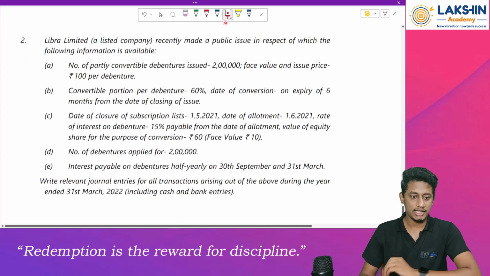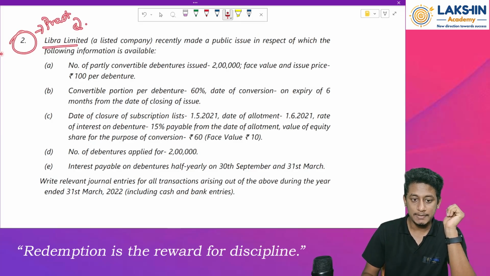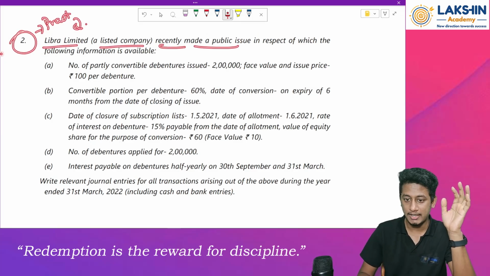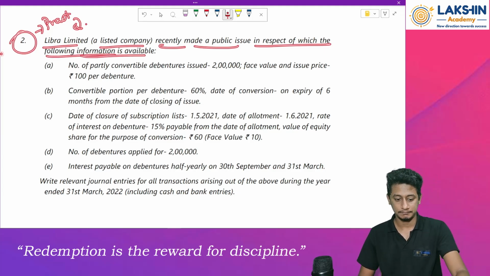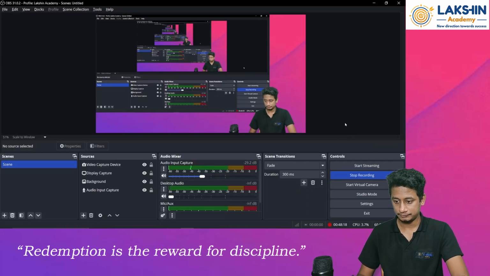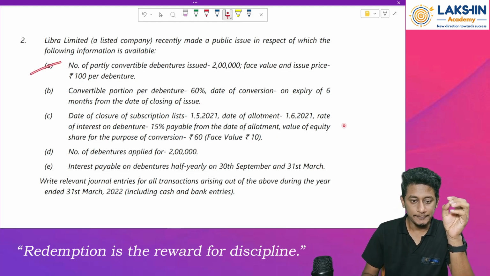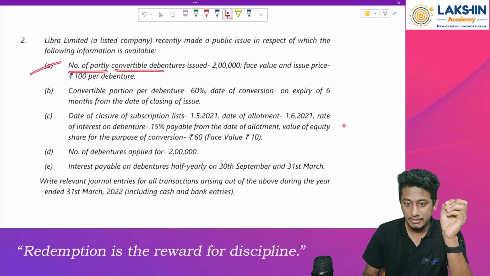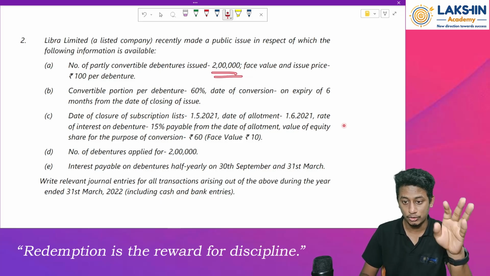Okay. Now look at the next question, question number 2 from your practical questions. Libra Limited, a listed company, recently made a public issue in respect of which the following information is available. A. Number of partly convertible debentures issued is 2 lakh.